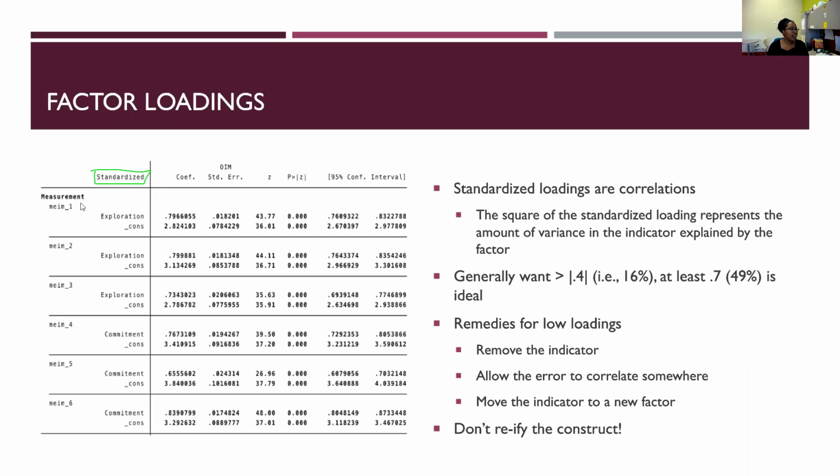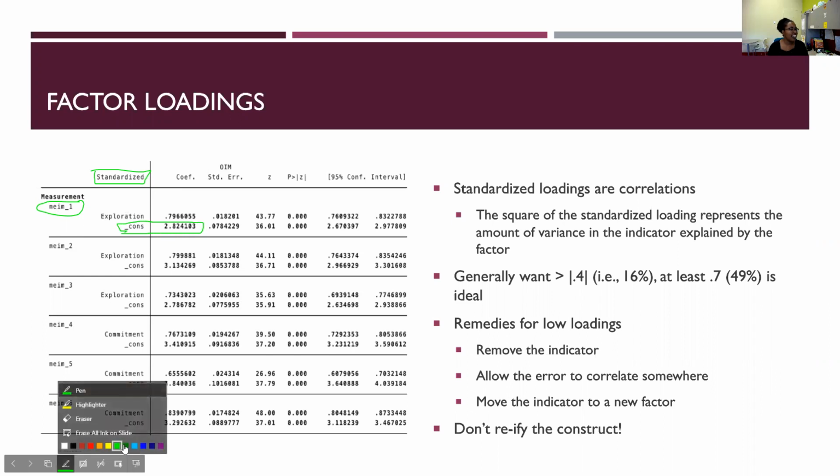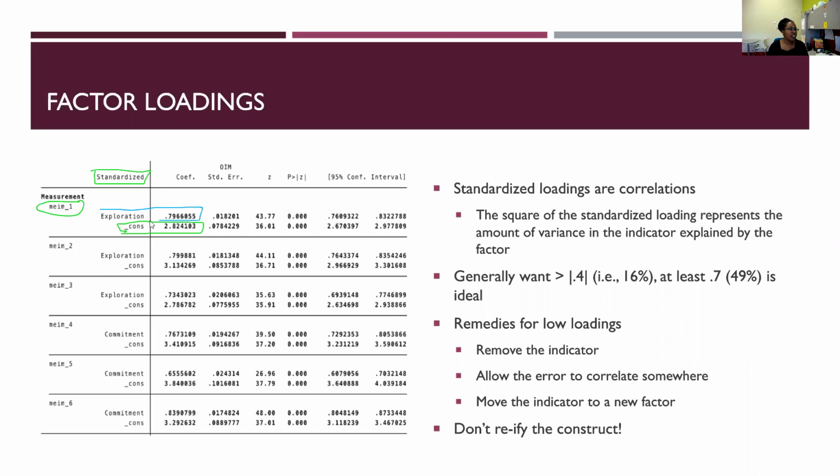You'll notice here, because each of our indicators is our dependent variable, we're going to have one set of rows for each one. So each indicator is going to have an intercept right here. That's the constant. If you're going back to regression, you know how to interpret that as the average when all the predictors equal 0. Whenever we have a confirmatory factor analysis like this, we're always going to have one predictor, and that's going to be our latent variable.